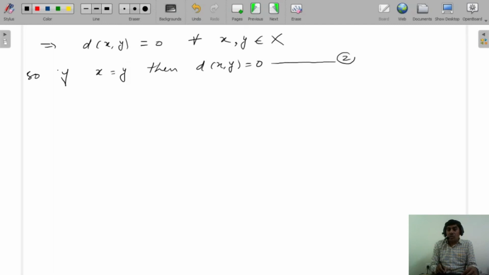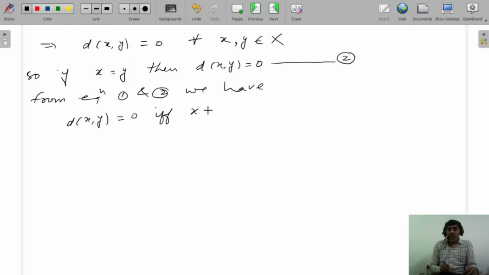Equation number 2. From equation 1 and 2, we have dxy is equal to 0 if and only if x is equal to y for every x, y belongs to capital X.